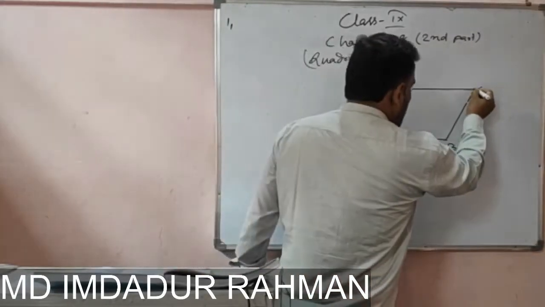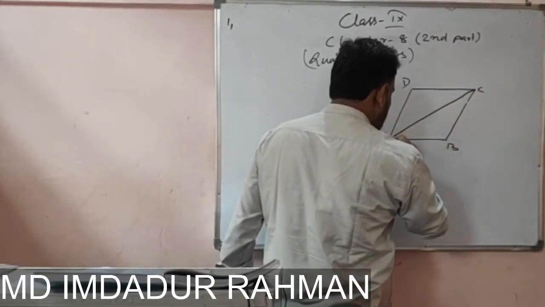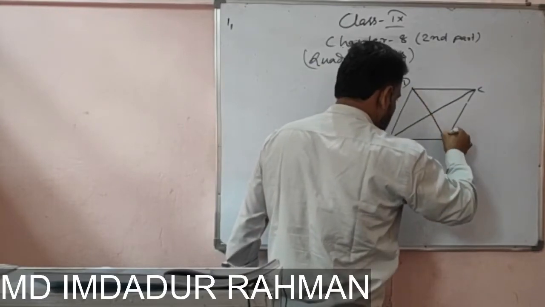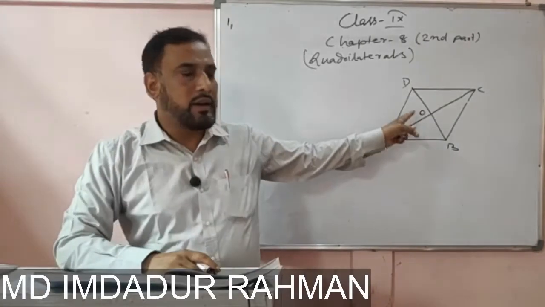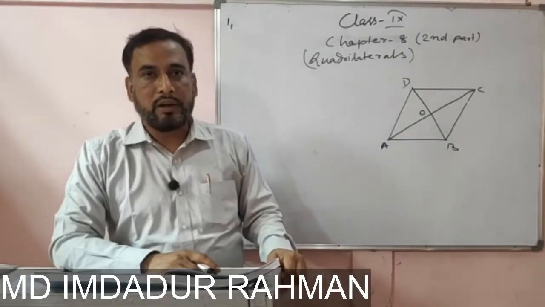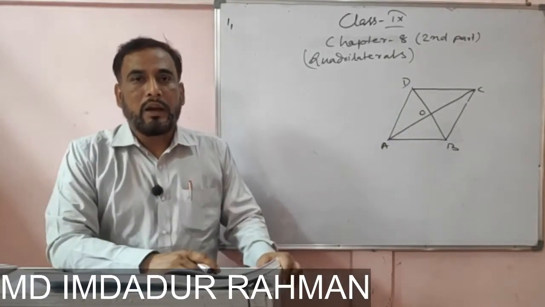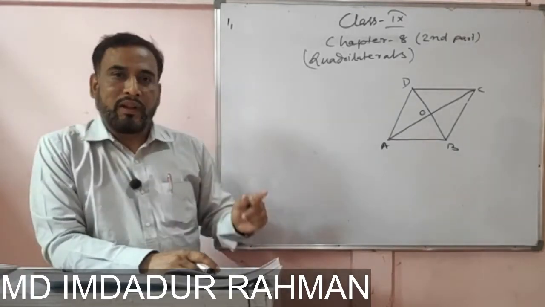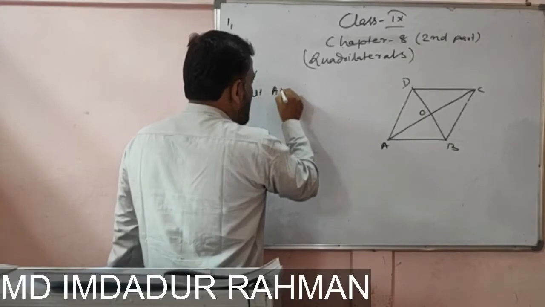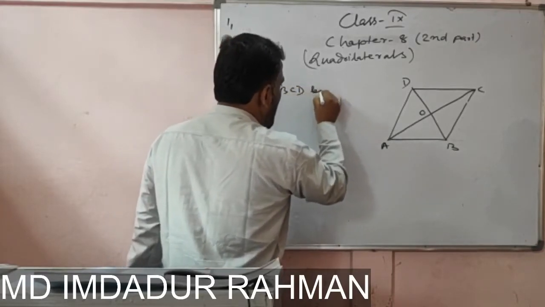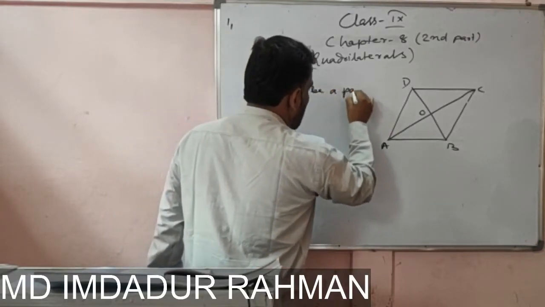So, let us draw the two diagonals of it. When we draw the two diagonals, they intersect at a point and we give it the name O. Whatever I have drawn, let us write. Let ABCD be a parallelogram.